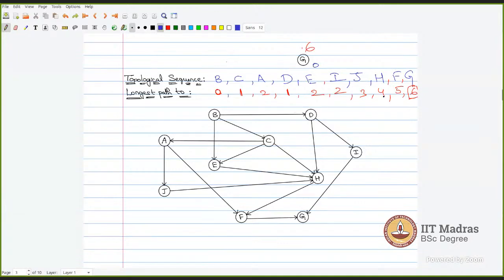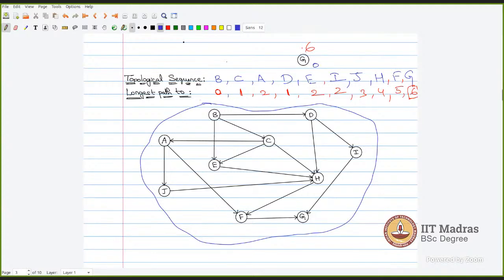Okay, so this 6 number tells me that in this particular graph we have a longest path that has length 6 from one vertex to another vertex. Usually that path will start from the first vertex which we remove.